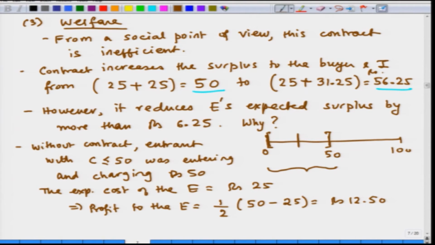Now, with the contract, what happens? It reduces the probability of entry, and only an entrant with a marginal cost less than or equal to 25 can enter.